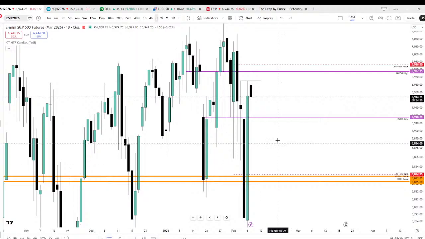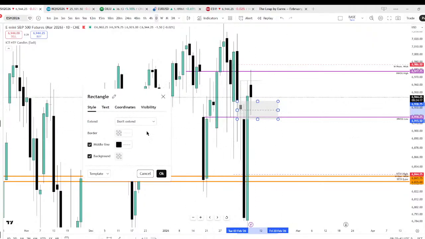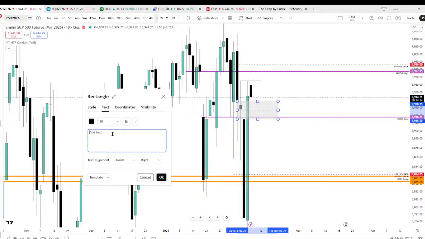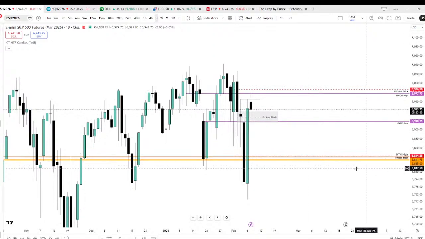So I think it's important to note this suspension block. I think I should be highlighting the entire thing, but even besides a little, we will mark it out.